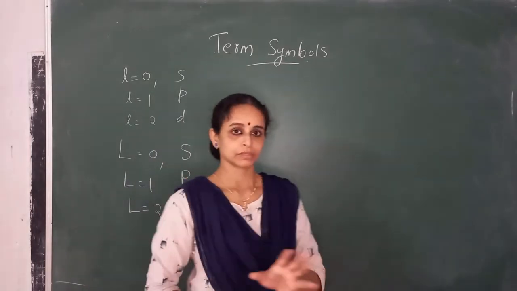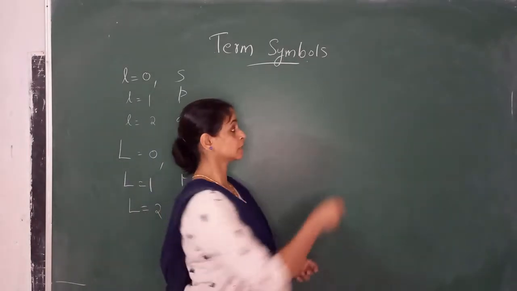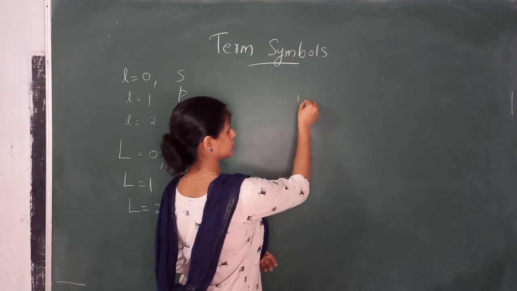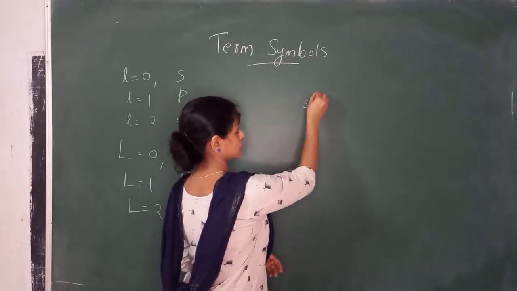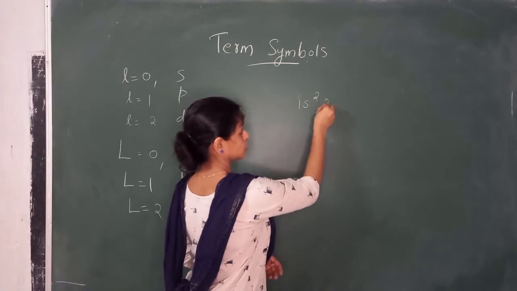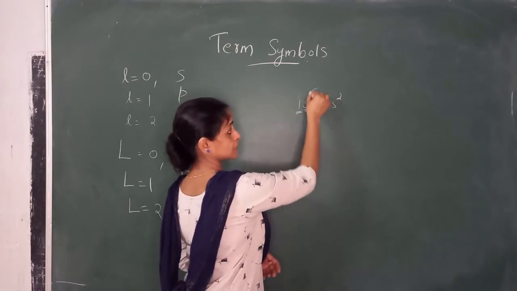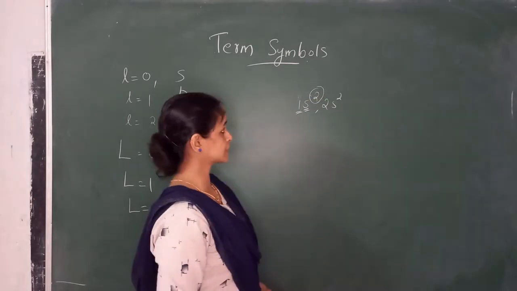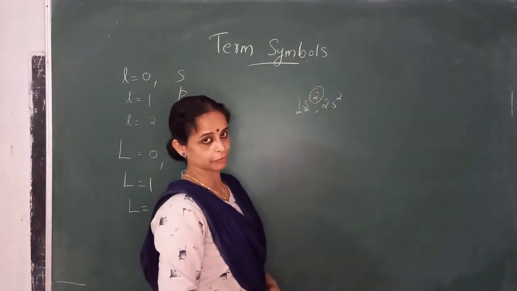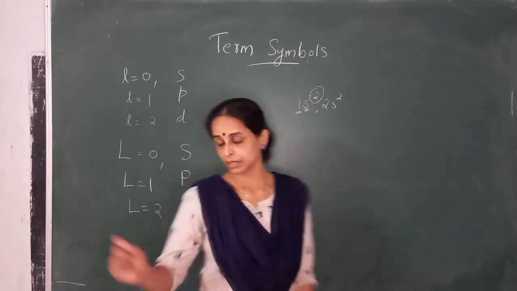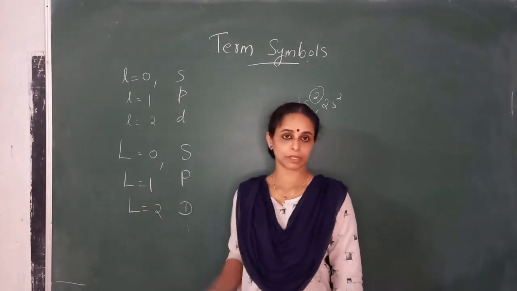We usually represent states like 1s, or 1s2, 2s2. Here the number is the small n, the letter is the angular momentum, the superscript is the number of electrons. This is the individual representation of a state, and the capital letter is the total orbital angular momentum state.